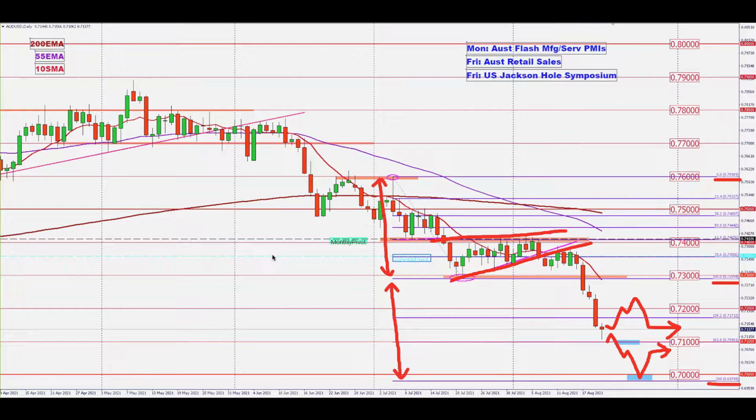So I wanted to do a full analysis, not just on this pattern, but since March of last year, where the pandemic hit and the rise of the Aussie dollar, and now it looks like there's a decline and further weakness in the Aussie dollar.